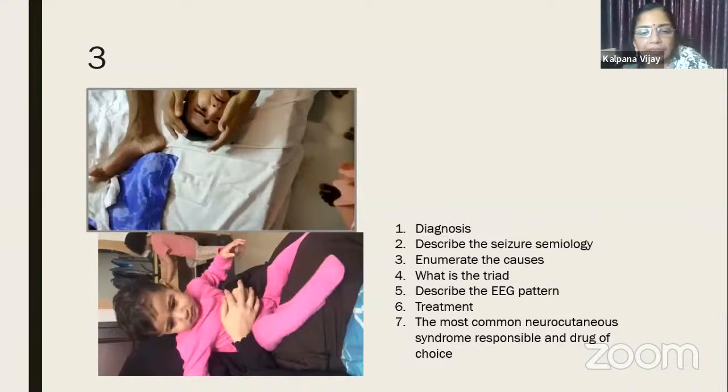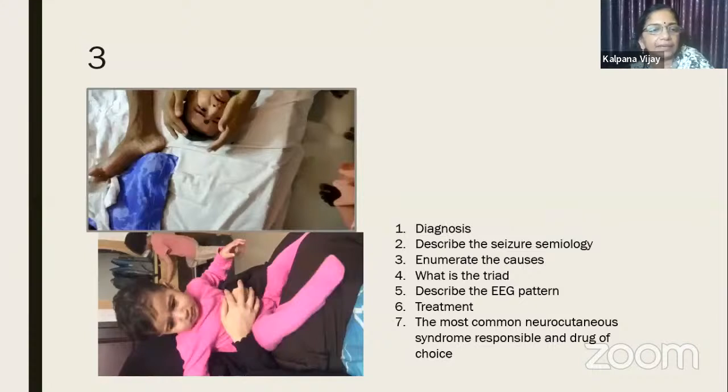Okay, so what is the treatment? ACTH and Vigabatrin are the first line of treatment which can be used. And the next question is the most common neurocutaneous syndrome responsible and the drug of choice. The most common neurocutaneous syndrome is tuberous sclerosis. And there the drug of choice is Vigabatrin.